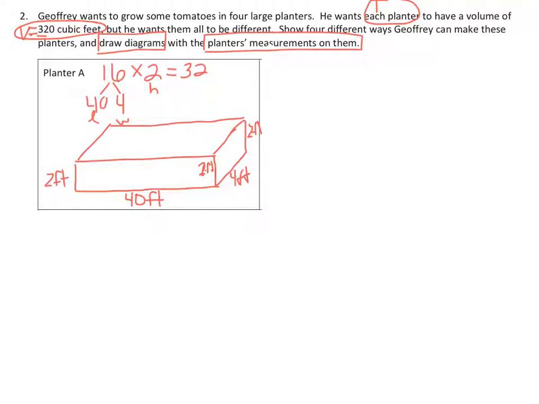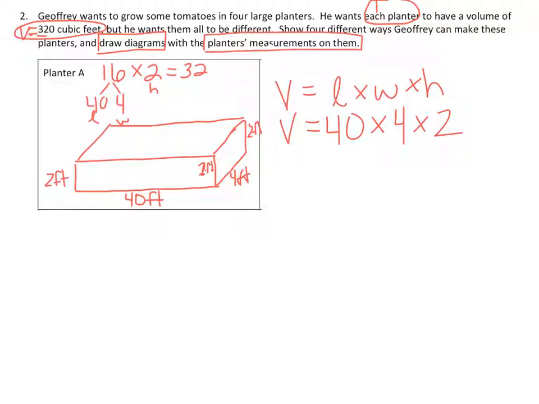So let's just solve this, and you can use your page to the left that's empty. Let's just prove that our volume is correct, okay, using our equation. So V is equal to length times width times height. Get used to that equation. V is equal to, well, my length is 40 times my width of 4 times my height of 2.